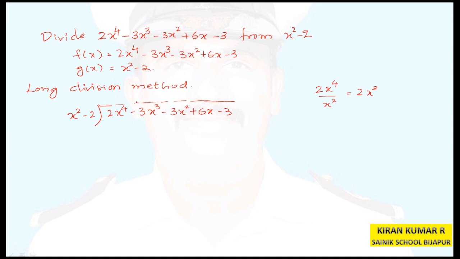So I'll write here 2x square. On multiplying, we get 2 times x to the power 4. I need to multiply this 2x square to minus 2 also. I'll be having minus 4 times x square.